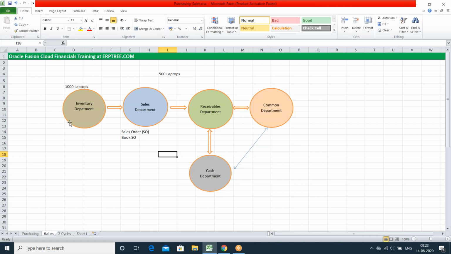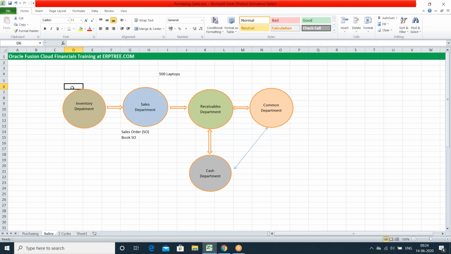Say, for example, they received an order for 500 quantity and they check with the inventory department. The inventory department says we have 0 stock. Should the sales department book or not? That totally depends on the time frame the customer is asking for supply. Say the sales department has one order from the customer where they have to ship the material in 10 days, and stock is not available.